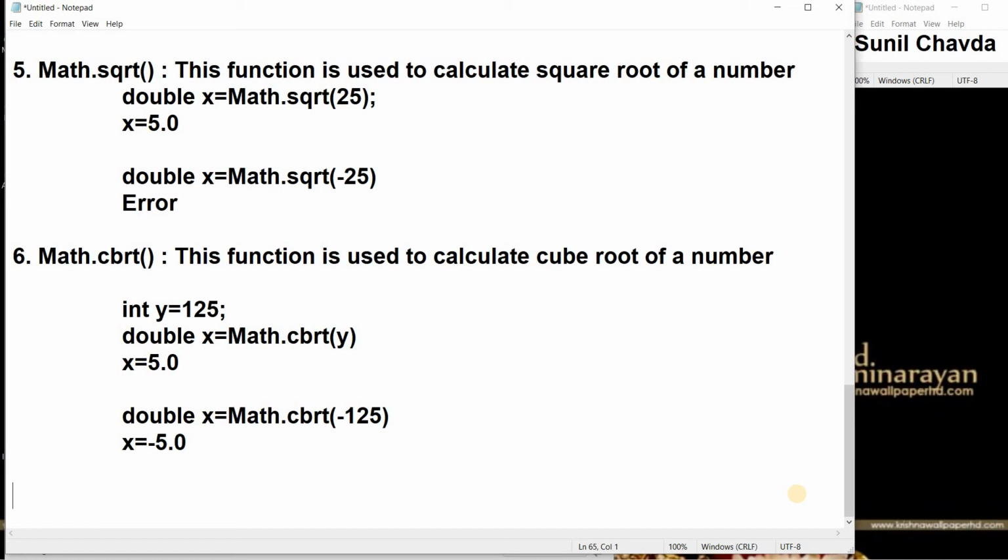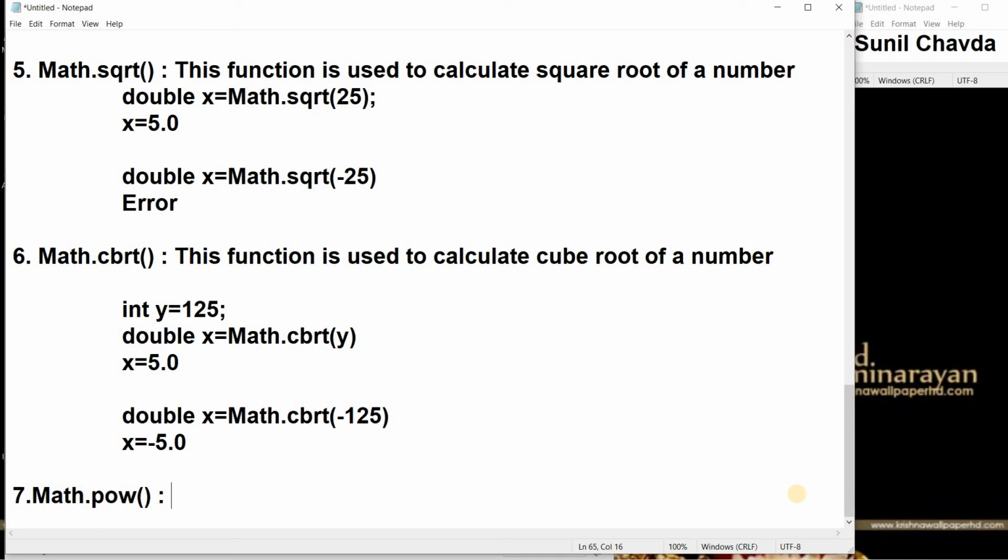The next function is Math.pow, the function which takes more than one argument. So far, whatever functions we have learned take only one argument, but this Math.pow function will take two arguments.